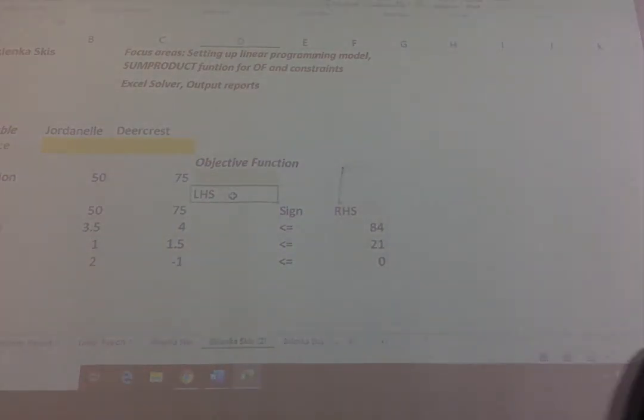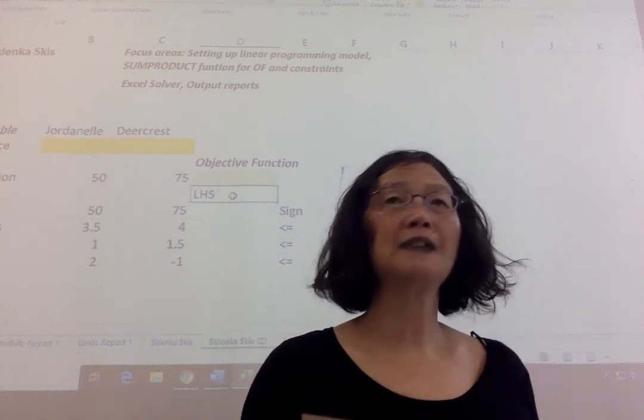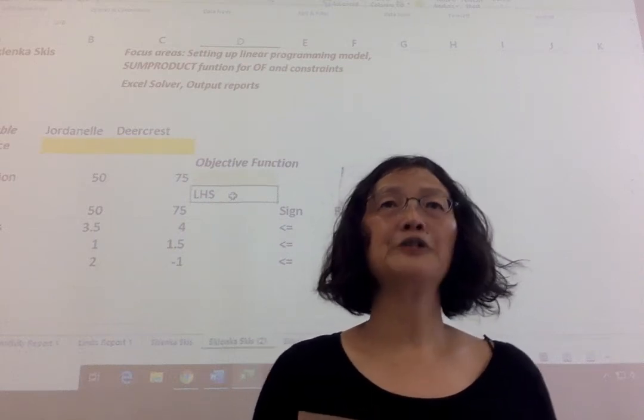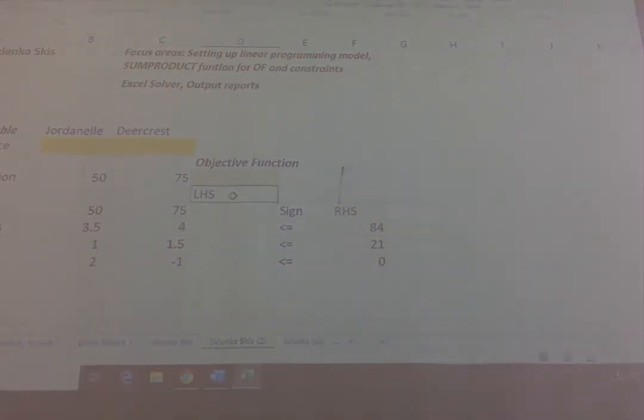Now we repeat ourselves. We use the SUMPRODUCT formula, and then we use Solver to solve it. That's it. So, click cell D9. This is my objective function, D9.